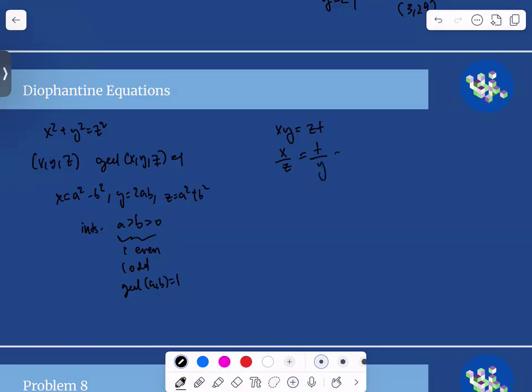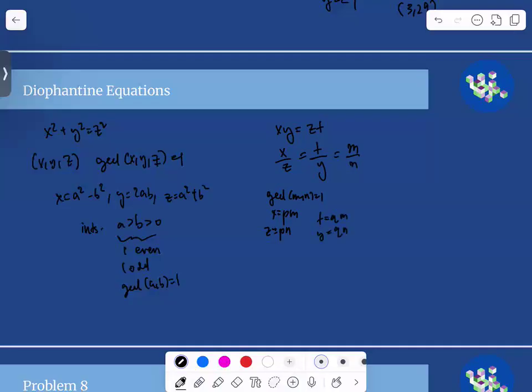You can let that be some constant m over n. And so then thus you would have that if the GCD of m and n is equal to 1, x is equal to pm, z is equal to pn, and then t is equal to qm, and y is equal to qn.